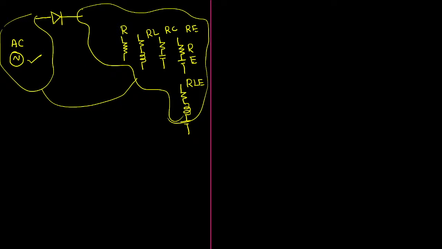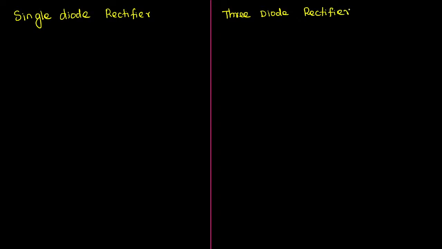Some things are mandatory, and I will cover those. Fine. Now, diode rectifiers can be broken into two: single phase diode rectifiers and three phase diode rectifiers. Let me write everything one by one here.